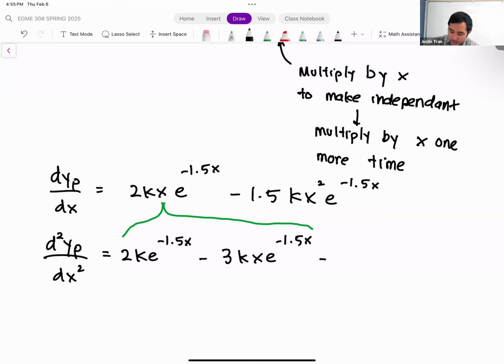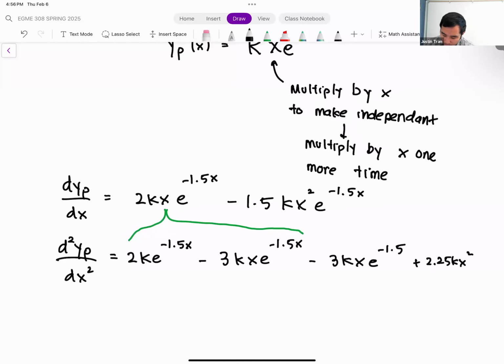Then we're going to take the derivative of the second one. So that's another minus 3kx e to the minus 1.5x. That's the derivative of the first part of the second term. Plus we have a 1.5 times 1.5, so that's 2.25 kx squared e to the minus 1.5x. So these two terms came from the second term.